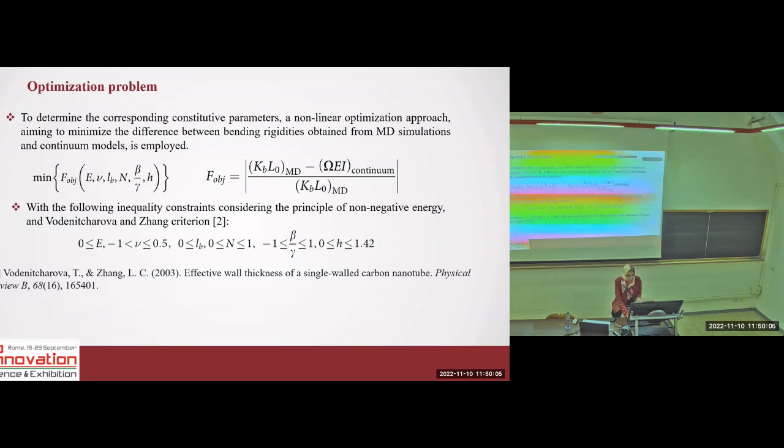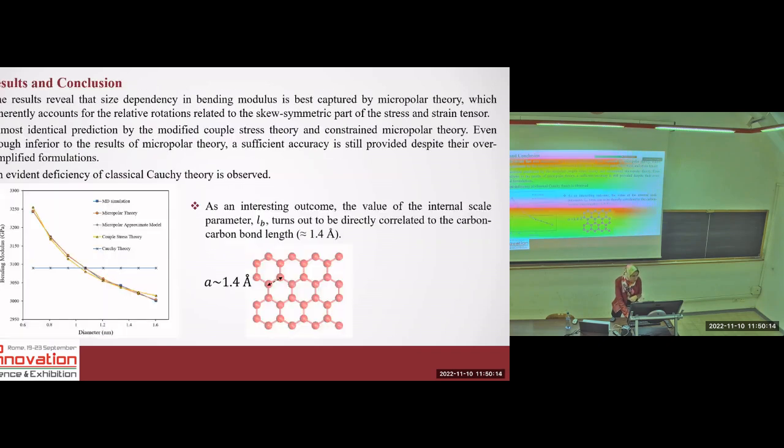We did an optimization approach, minimizing the difference between the data from micropolar theory and the data from molecular dynamics simulation. Here we saw that micropolar theory can best capture the observed behavior. Although we also had good results with couple stress theory and the constrained, approximate form of micropolar theory, with much simpler equations in the latter two cases.